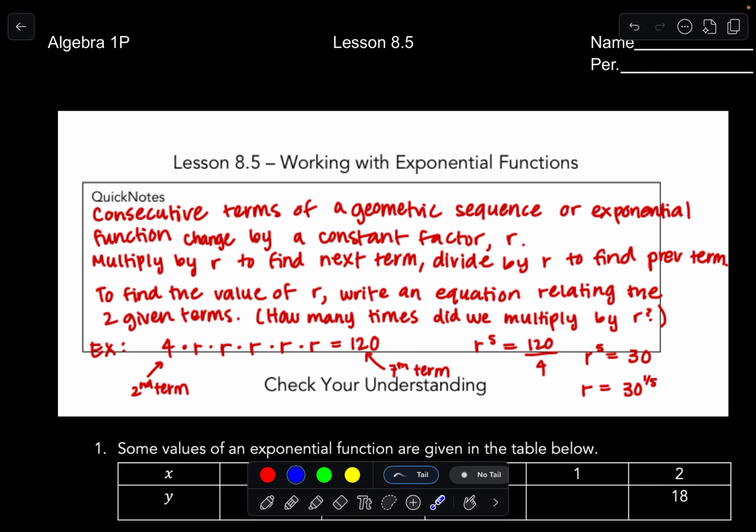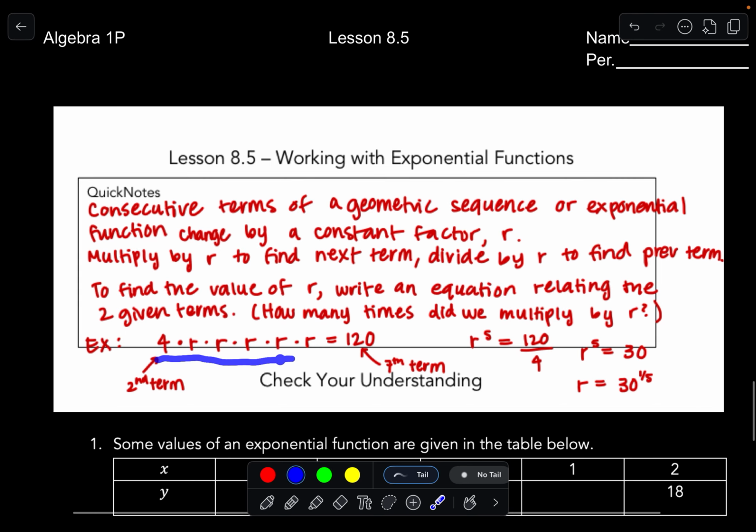To find the value of r, write an equation, which is exactly what I did, relating the two given terms. And what you do is ask how many times did we multiply by r? Like here, the second term was 4, and then the third, fourth, fifth, sixth, and the seventh term is 120.